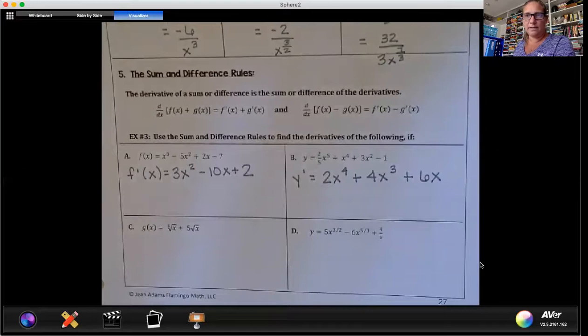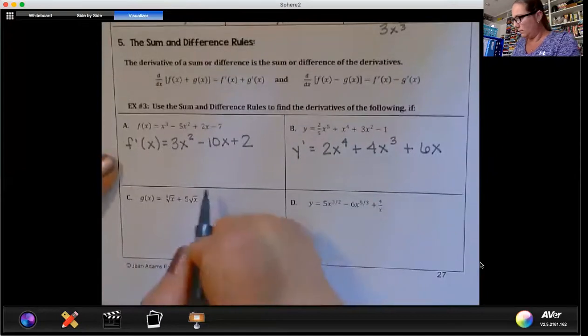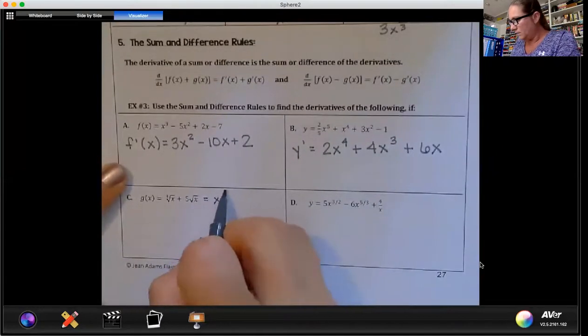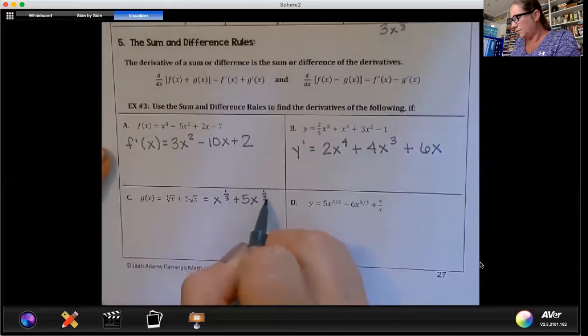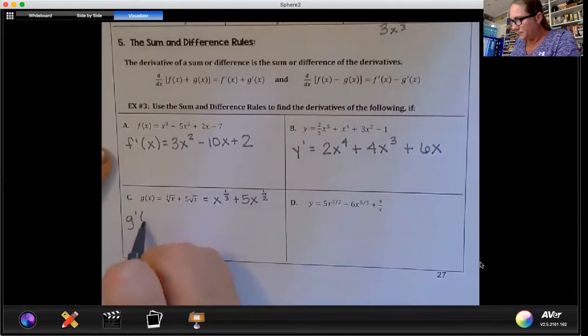Sometimes, like in part C and D, you will have to rewrite before you bring down minus 1 for your power rule. So this is x to the 1/3 plus 5x to the 1/2. And then find g prime.